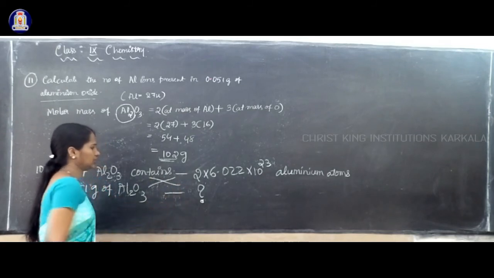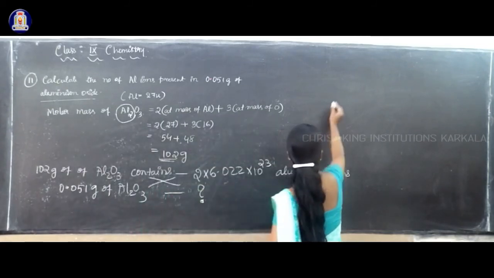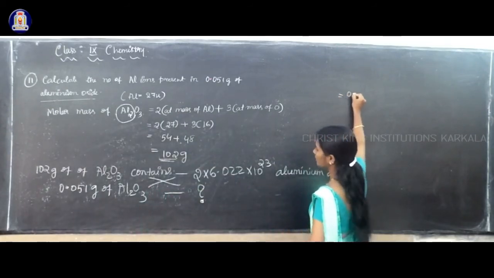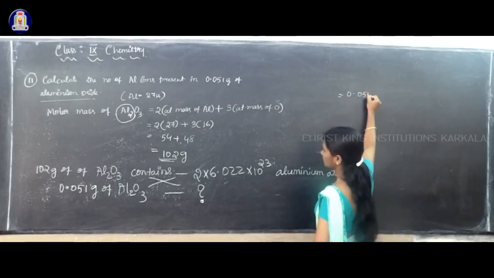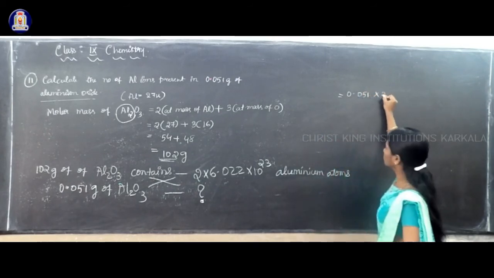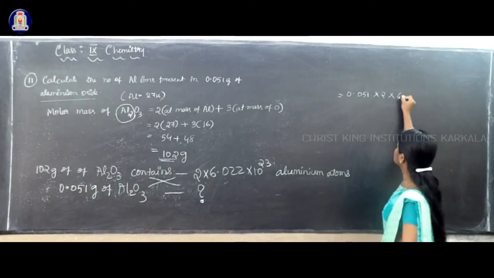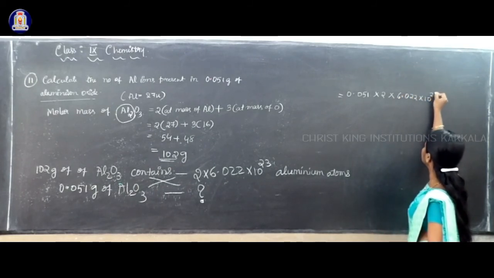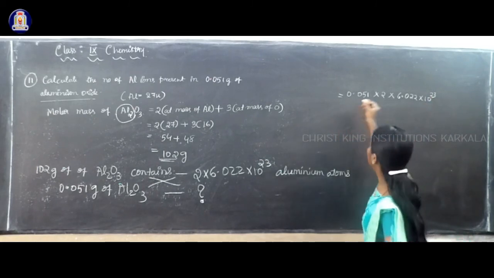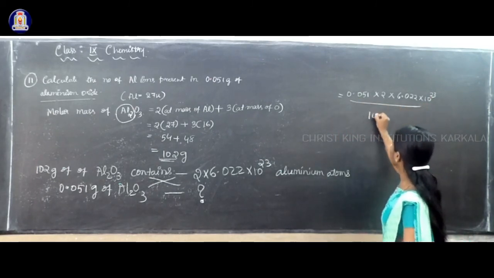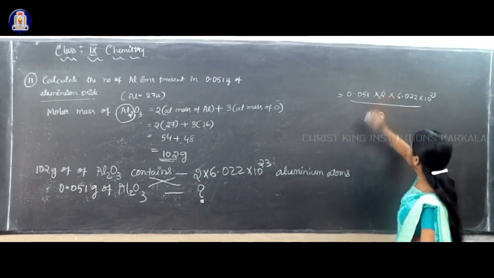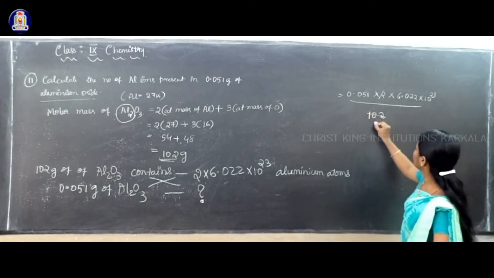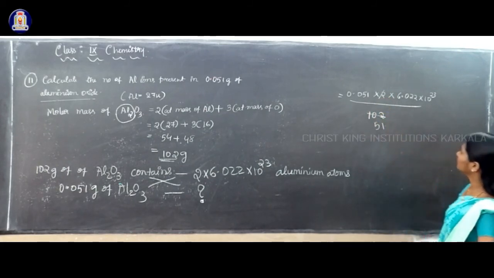Cross multiplication, which is equal to 0.051 into 2 into 6.022 into 10 to the power 23 divided by 102. 2 ones are 2, 5 twos are 10, 2 ones are 51.